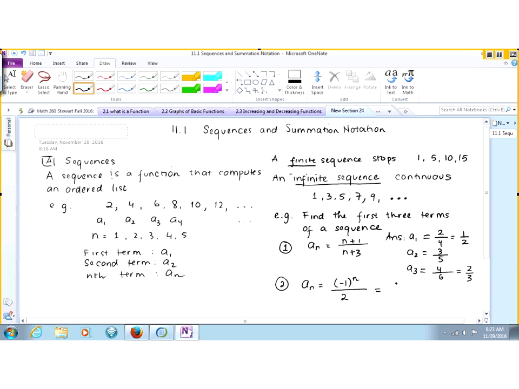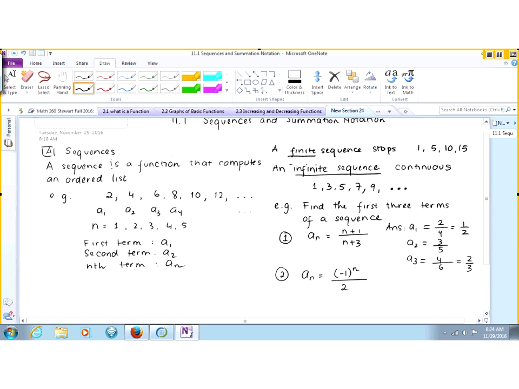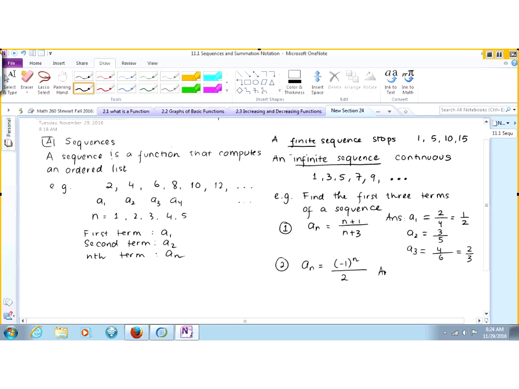Good. So the next one is a_n is equal to (-1) to the n over 2. What is A1? -1 to the first power over 2. What is A2? 1 over 2.